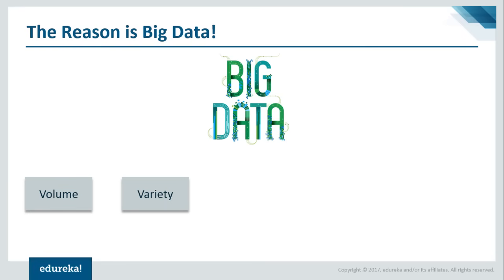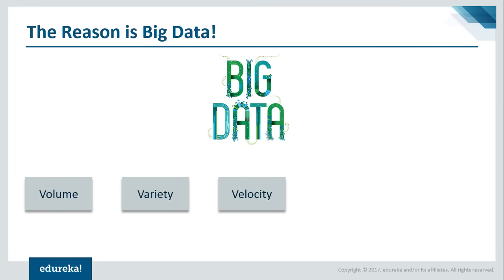Hence, there is a variety of data getting generated every day. Earlier, we used to get data from Excel and databases only, but now there are images and a lot of unstructured data, and that creates a problem in capturing, storage, and eventually analyzing the data.